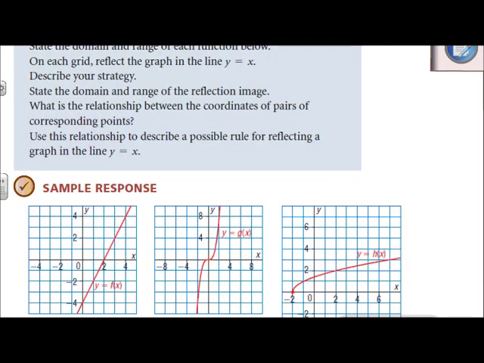All right, for this next part here, we are reflecting in the line y equals x. So we need to draw that line. That y equals x line goes through 0, 0, 1, 1, 2, 2, 3, 3, 4, 4, -1, -1, all the way along. So right through there. Let's draw it in there. I'm going to draw it as a dotted line.